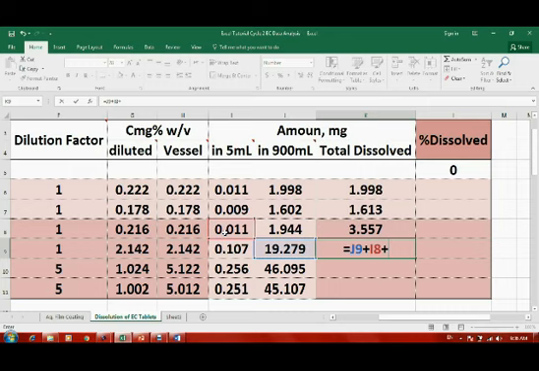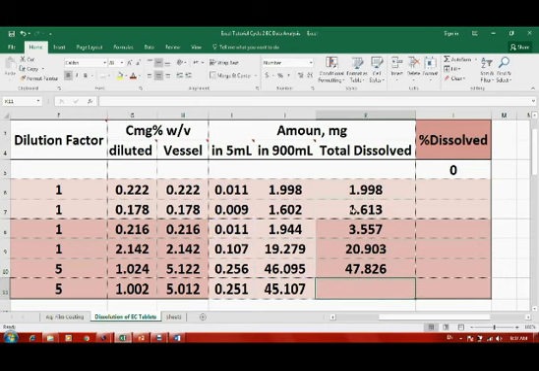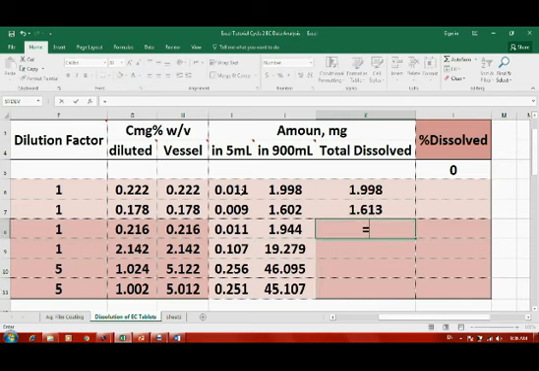While the total amount dissolved at the first sampling time in the second stage, the SIF stage, will be equal to the amount in 900 ml at the same time plus the total amount dissolved in the previous stage. As you can remember, the medium was discarded after the first stage finished. Then anything in the medium will be lost, so we have to add it to all samples in the second stage.